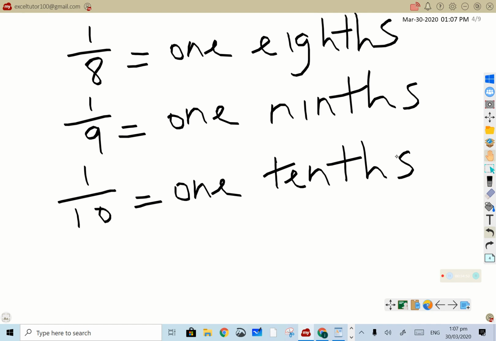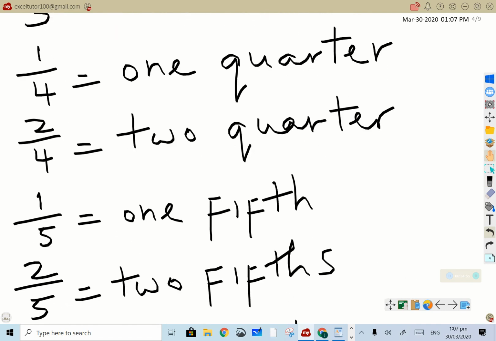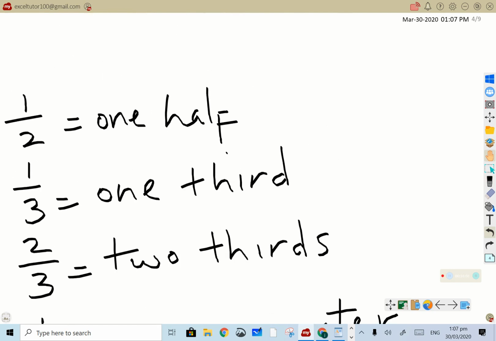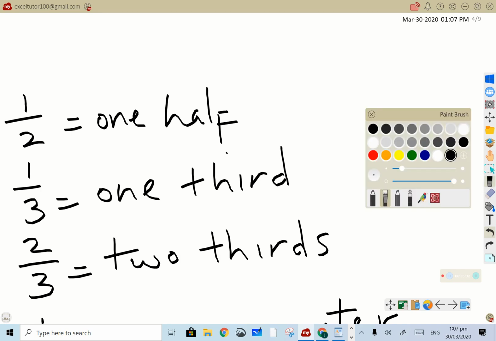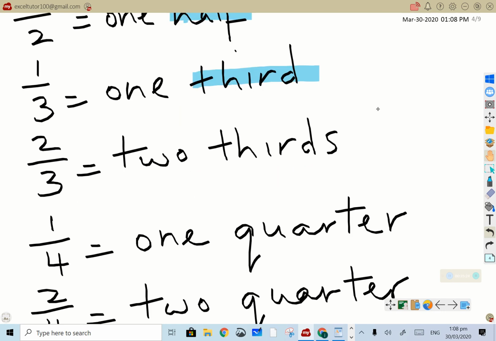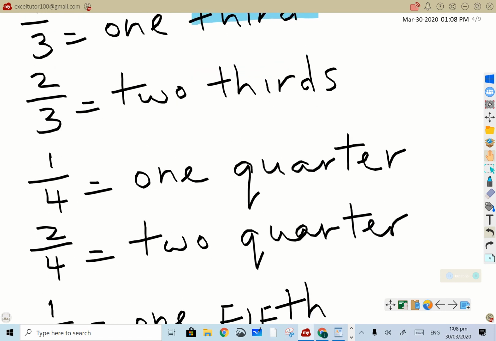So let's go back to the top to some of the wording. Okay, so we have 1/2, 1/3, we have the thirds. Then when we go on to denominators of 4, we have the quarters.